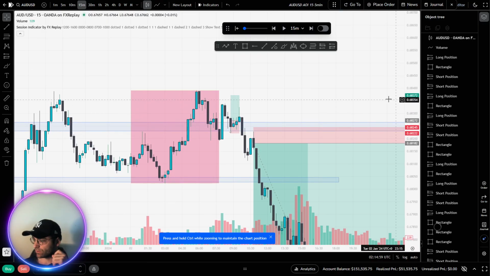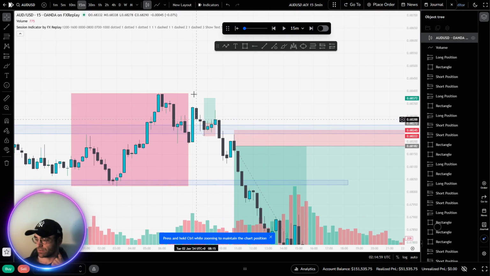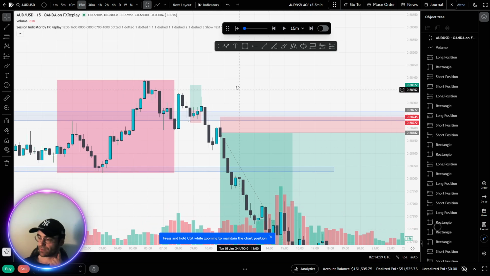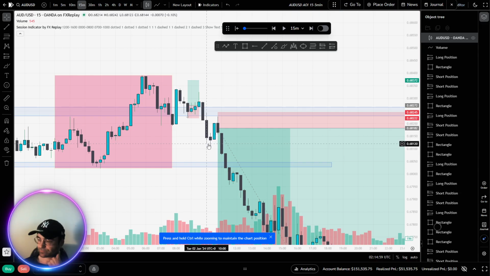So here I entered off the rejection candle, went for 2x and lost, right? Because the price was above, I went for a buy. But then as price went under the area, I actually was interested in shorts. It also broke structure, but yeah.